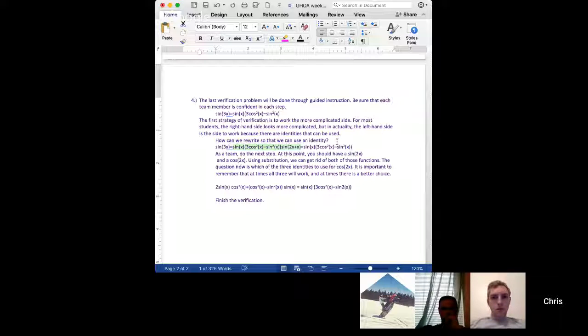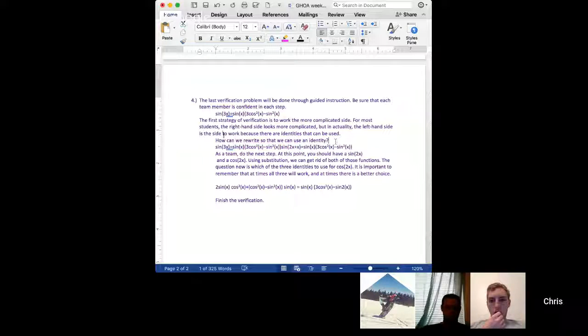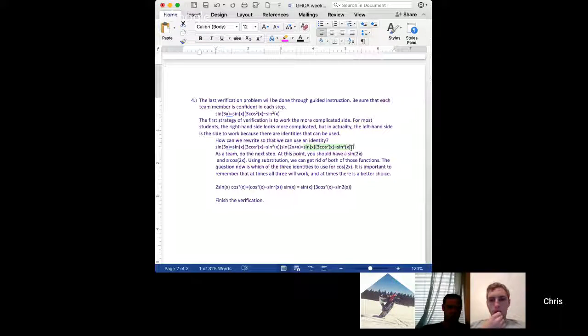Sine of x, which... I'm quite confused with that. Because if you narrow it down even farther, this is the same thing as this. So this is what's in question. Where did she pull that from?